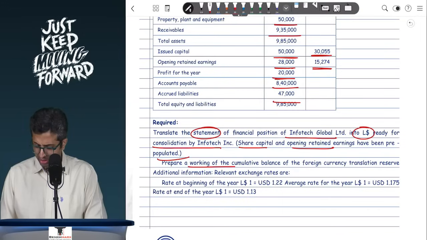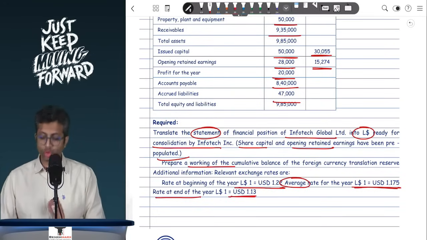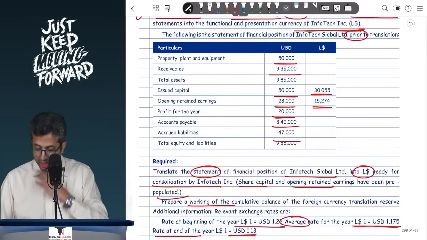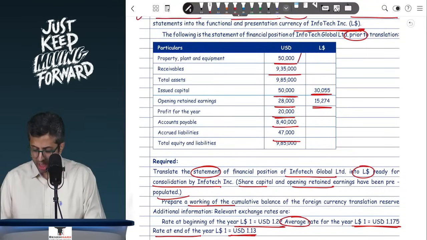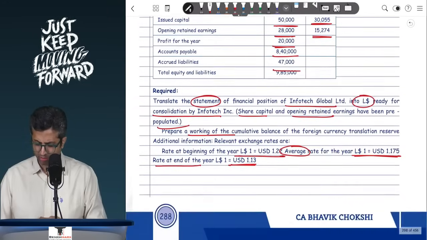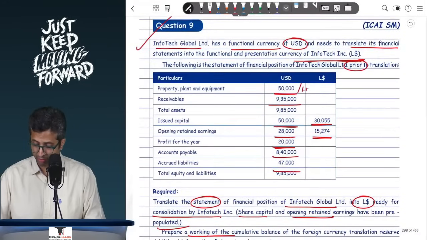Additional information given is rate at the beginning is 1.22, average rate is 1.175, and rate at the end of the year is 1.13. Now I have to do translation, which means all items will be converted at the closing rate, all assets and liabilities. Even if it is PP, well, over here it is in USD, I need to convert it to $, so I'll have to divide it by 1.13.